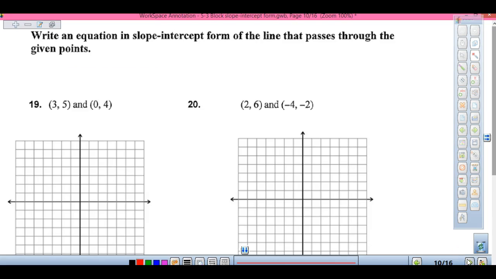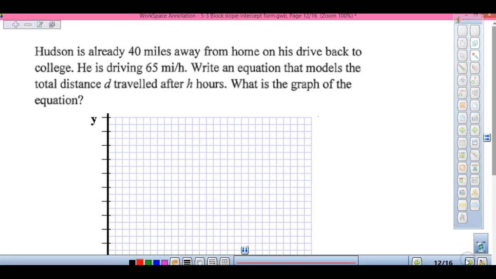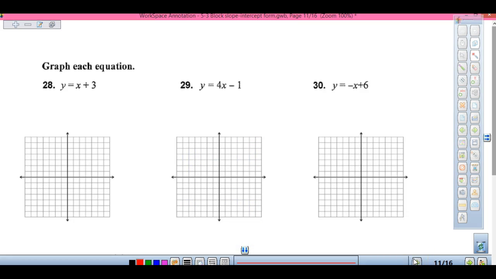Okay, so if we look at these equations, y equals x plus 3. What is my m? 1. So my slope is 1, right? What is my y-intercept? 3. If I'm going to graph it, this is my starting point.